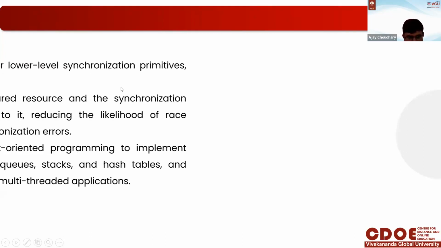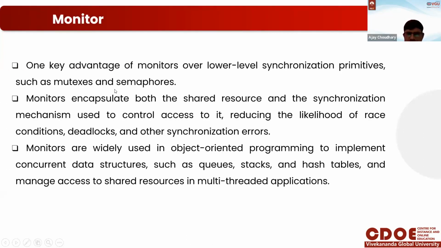We already read this slide. What is the key advantage of monitor over low level synchronization primitives such as mutex and semaphore? These are the values we are inputting in our processing part to avoid any kind of race condition. We also completed this.